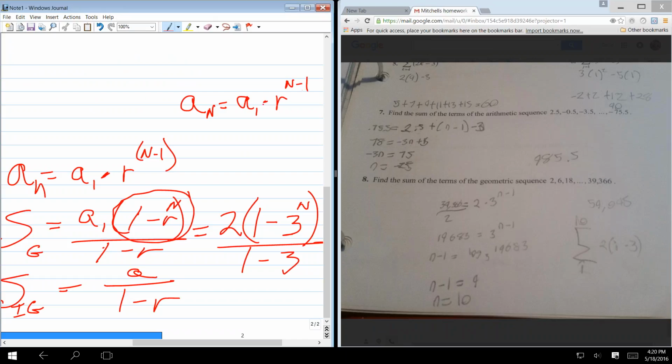So we need to solve for n. So the nth term is 39,366. So that's equal to 2 times 3 to the n minus 1, right? 39,366. Ah, I mistook my commas.